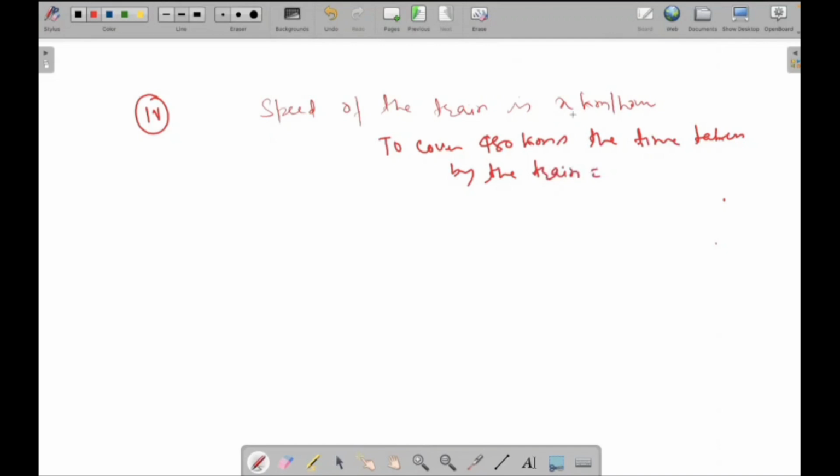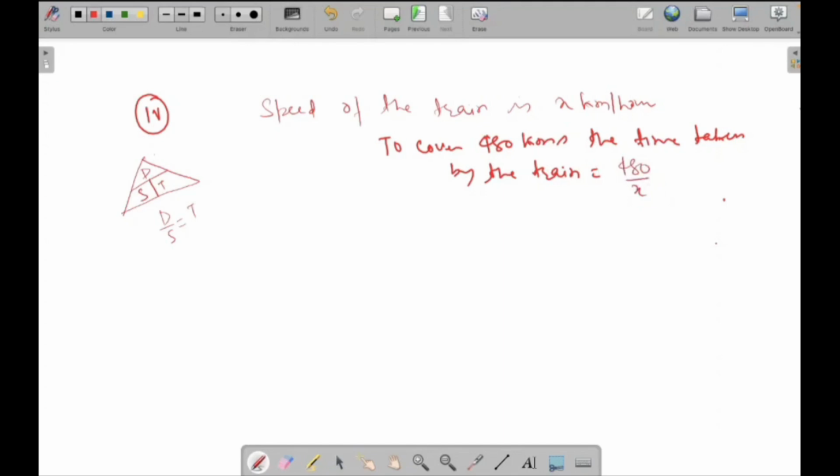Because I'm traveling at x kilometers per hour, to travel 480 kilometers, how much time will I take? If you don't remember, this is what we call the DST relation. D upon S will be T. So this is the time taken.